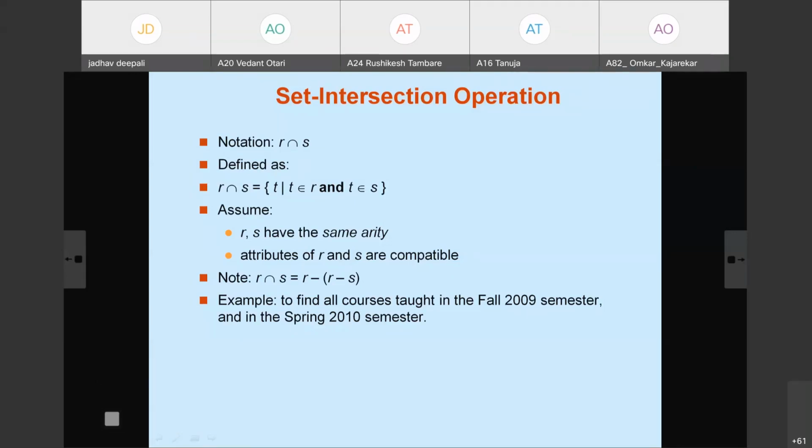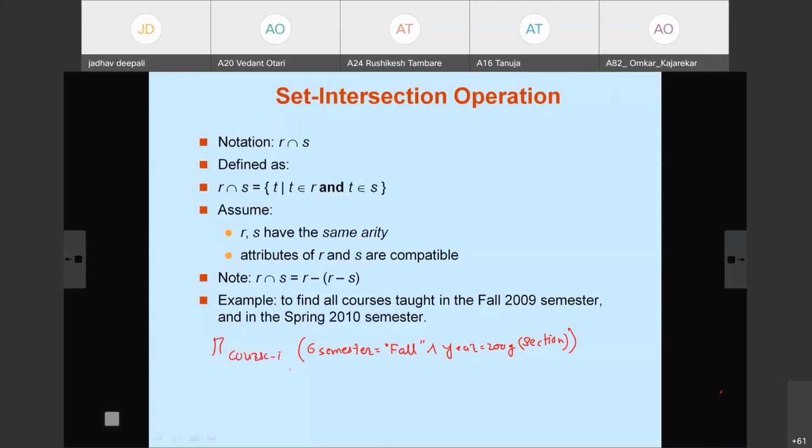So I write the subqueries again. Here you need to write the subquery first. What is the selection? Select those tuples where semester is equal to fall and year is equal to 2009 from the section relation, and from that find all courses, means project course ID only.